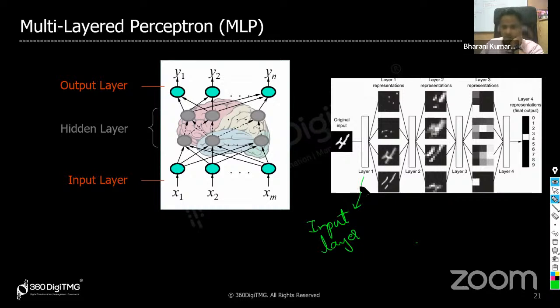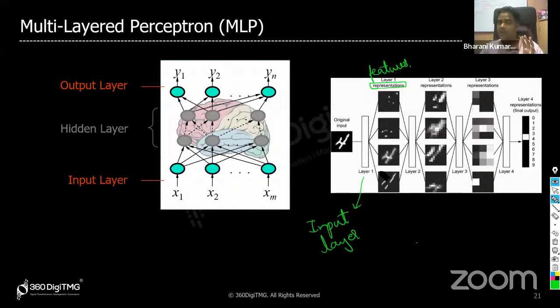When you supply your image to the input layer, it will capture some patterns. The patterns which are captured are called representations. Some features would be captured. What exactly it is trying to capture, we don't know.